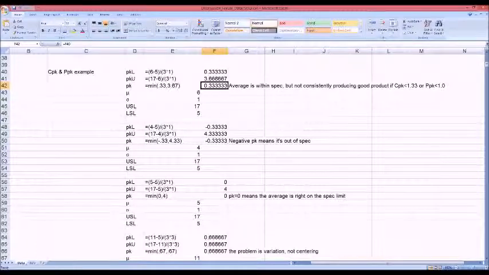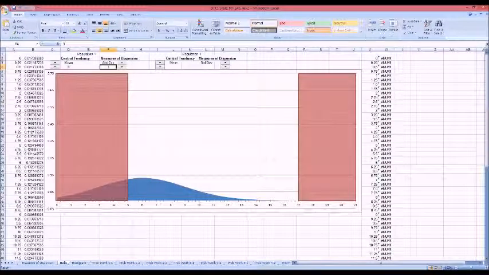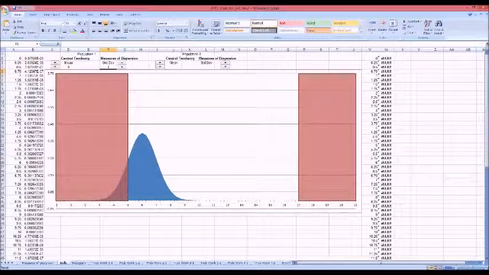So let's go ahead and map this out. So 6 and 1 is our mean and standard deviation. Okay, so this is what that looks like. This PPK is 0.333. And the reason is your tail is out of spec here, actually a large portion of it.